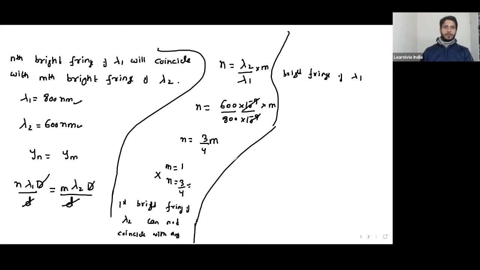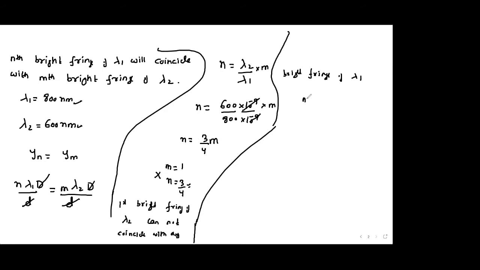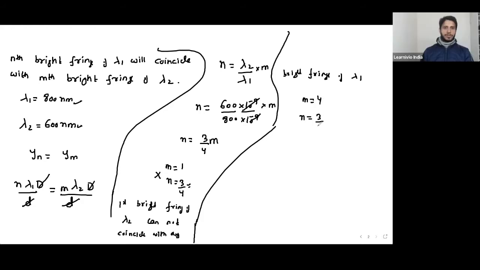Okay, can you guess the minimum value of m for which n is not a fraction, n is an integer? 4. If I take m equal to 4, then your n will come out to be 3 by 4 into 4. So 4 will cancel this 4, your n comes out to be 3. So m is equal to 4 and n is equal to 3.